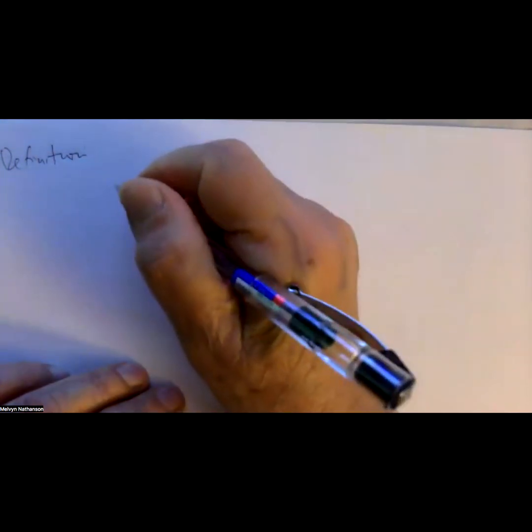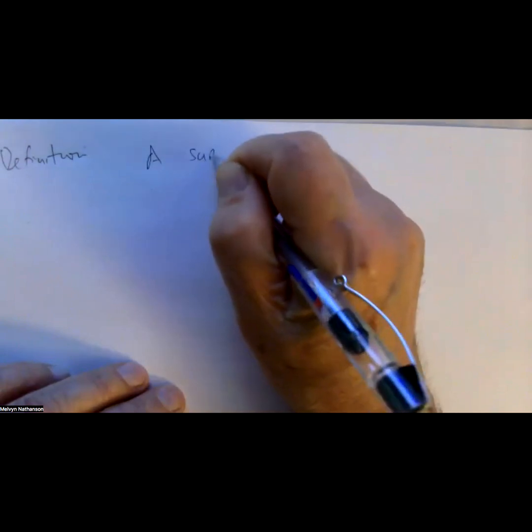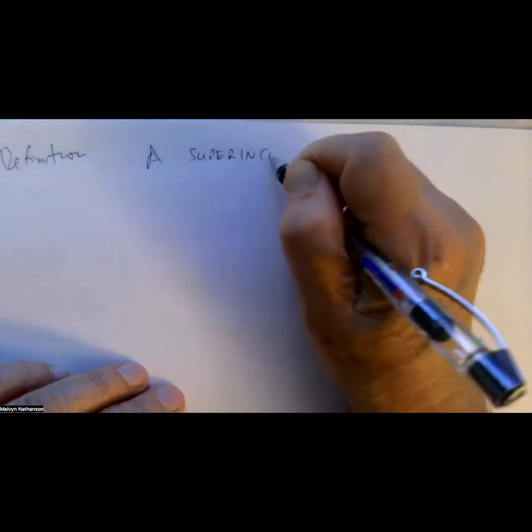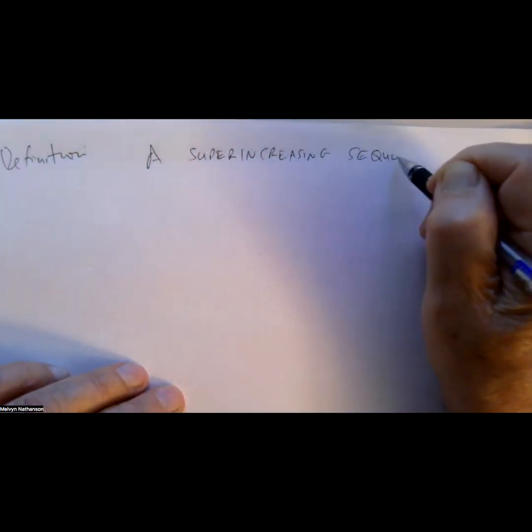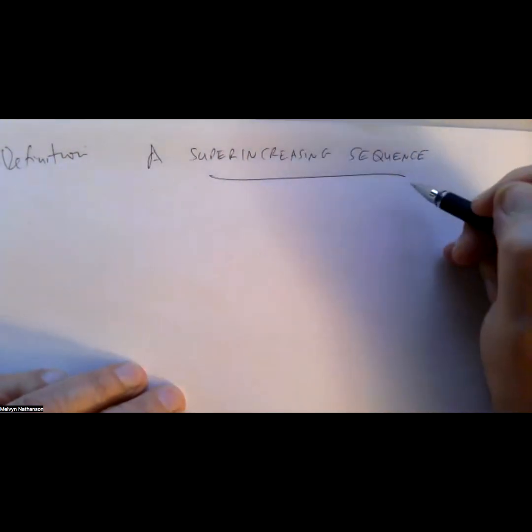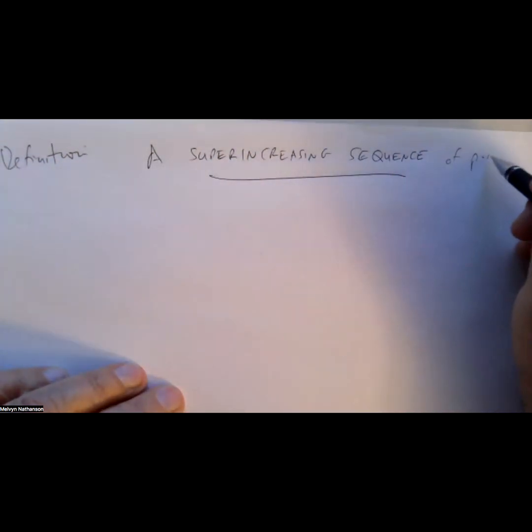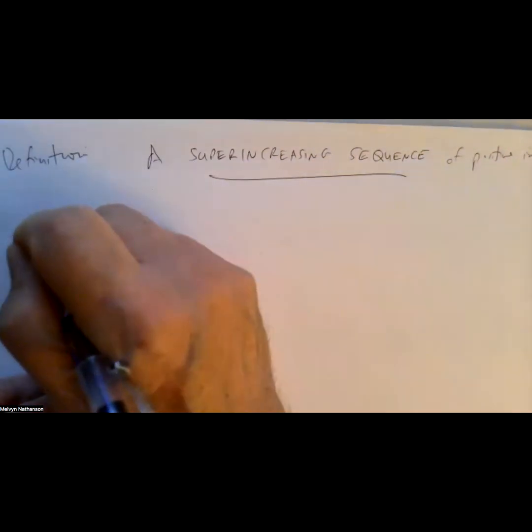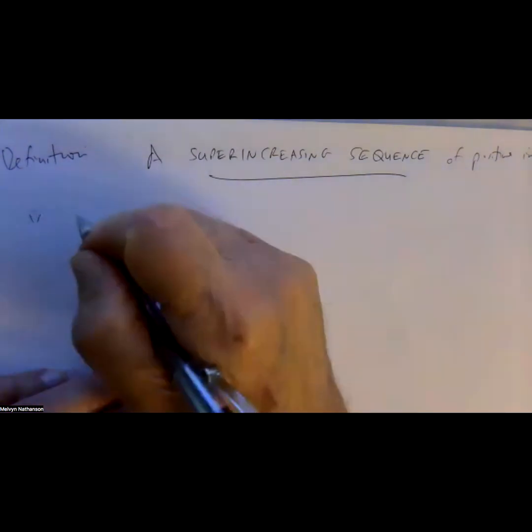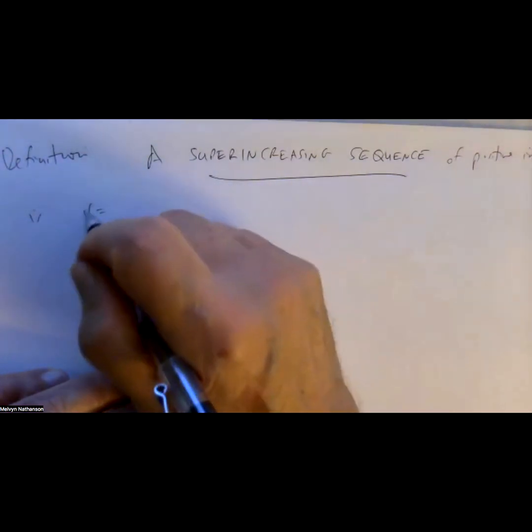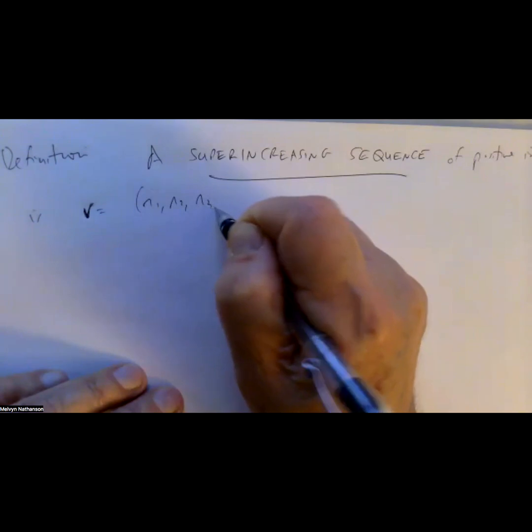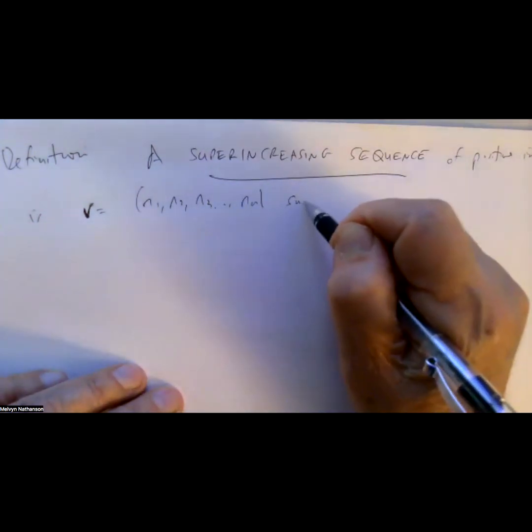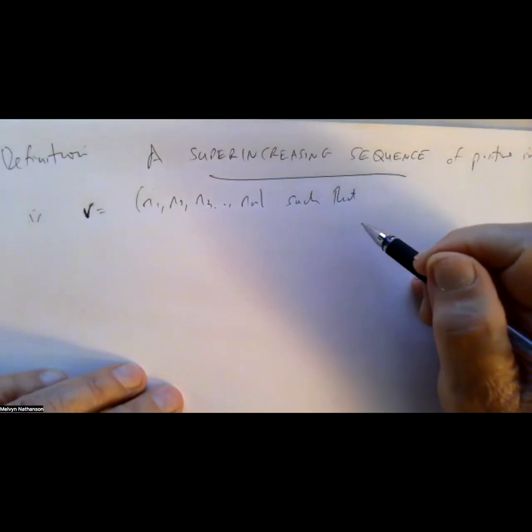So this is the definition. A super increasing sequence of positive integers is a sequence r equals r_1, r_2, r_3 up to r_n, such that each term is more than twice the previous term.